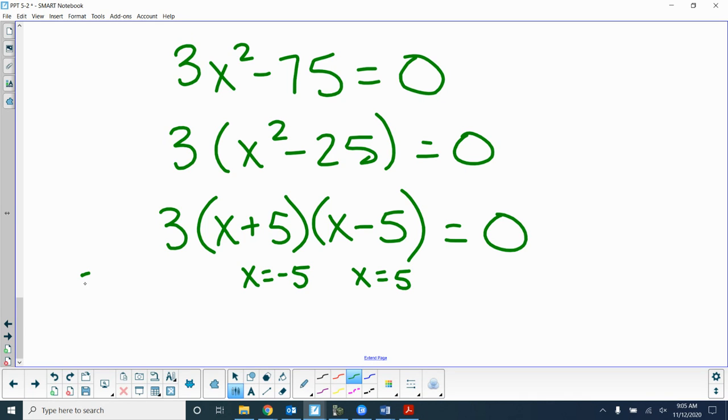Can I write this sentence as an equation? No. Now, if it was like that, should have put it here. Then what's my GCF? 3x. This would have stayed x squared minus 25, sorry.